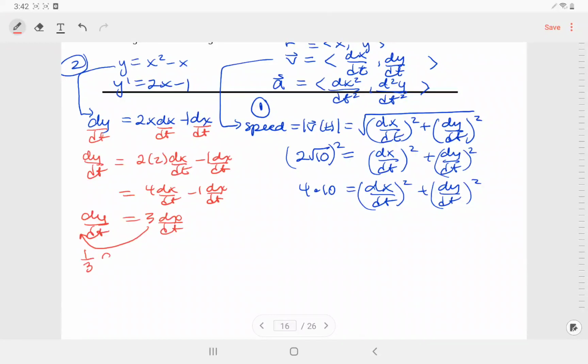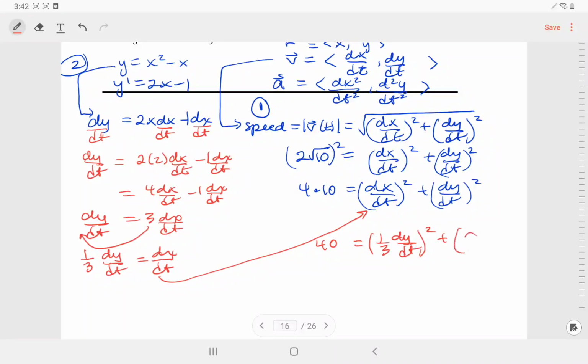So 1/3 dy/dt equals dx/dt. And then I can substitute in. So this is 40 equals (dx/dt) squared, so that's (1/3 dy/dt) squared plus (dy/dt) squared. So that's 1/9 (dy/dt) squared plus 1 (dy/dt) squared equals 40.